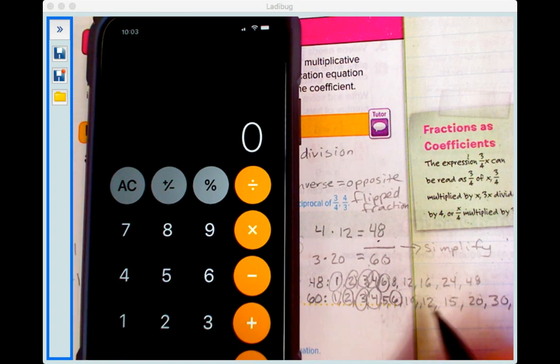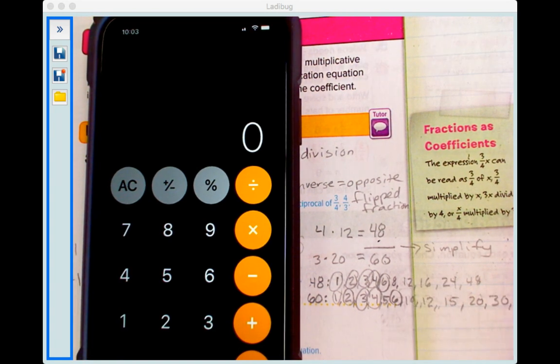We want the largest one. 8, no, 10, no, 12, yeah. Nothing larger than that.